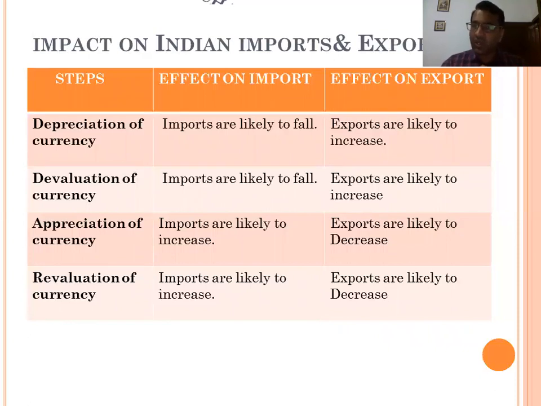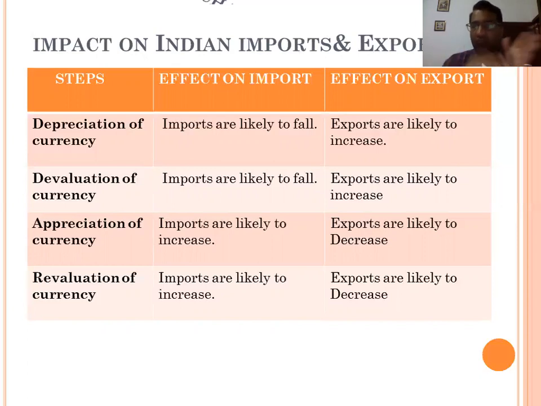So import is costly now, and imports are likely to fall due to the depreciation. But now Indian goods are cheaper for foreigners, so they will purchase more, so exports are likely to increase. So due to the depreciation, imports are likely to fall and exports are likely to increase, because now we have to pay more rupees for the dollar.